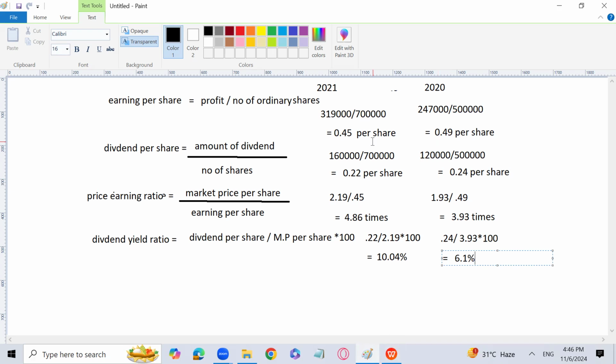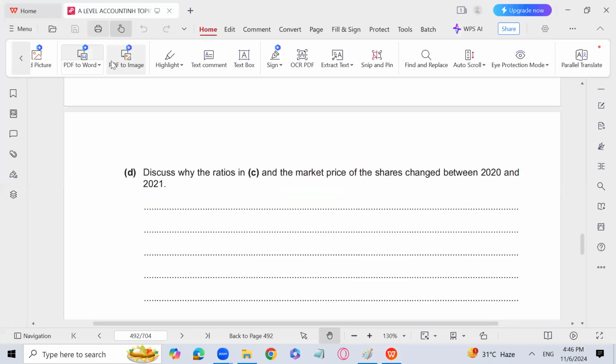It shows the progress of the business. That's where investor confidence has increased and they are purchasing more shares and the market price of the share is increasing. But now the profits are going to be divided into a larger number of shares. That's why earnings per share and dividend per share have gone down. But dividend yield has been increasing because each dollar invested is giving you more dividend. So this is how we have solved the question.